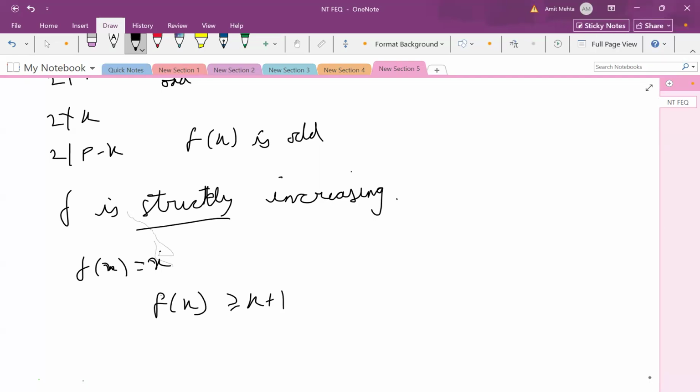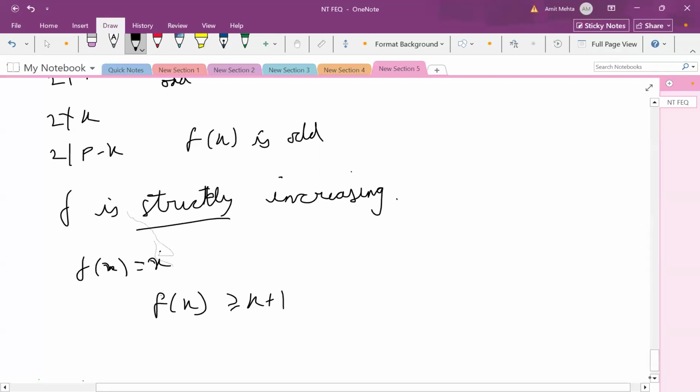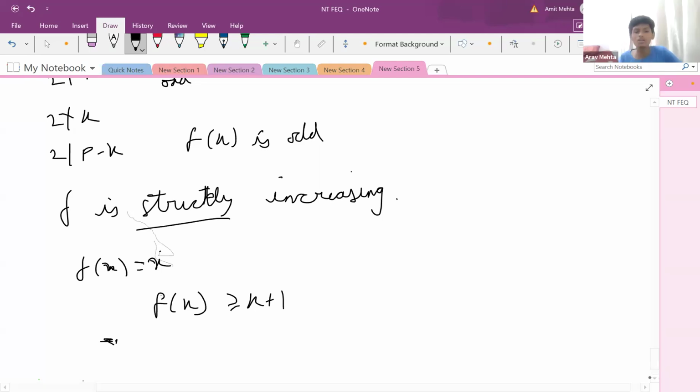Oh yeah. Wait, but then we have that f of an even number must be even. So are you assuming k to be even? Yeah, if it's the same parity, right? f of k is the same parity as k, right? Oh yeah, you're right. So k plus 2.